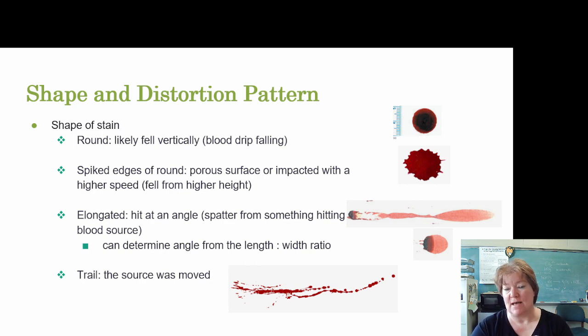That elongation pattern can tell us things about the impact angle, exactly what direction it was coming from, and that's particularly important. And then if you see a trail, so in general, if it's not round or elongated, but rather a sort of line, that's telling us that the source was moved, it was dragged through. So again, we're trying to reconstruct the crime scene.